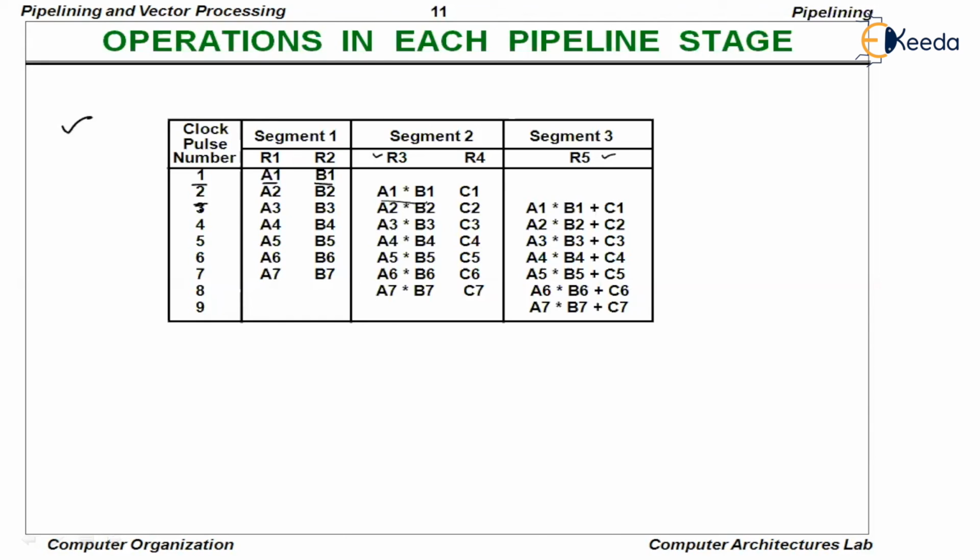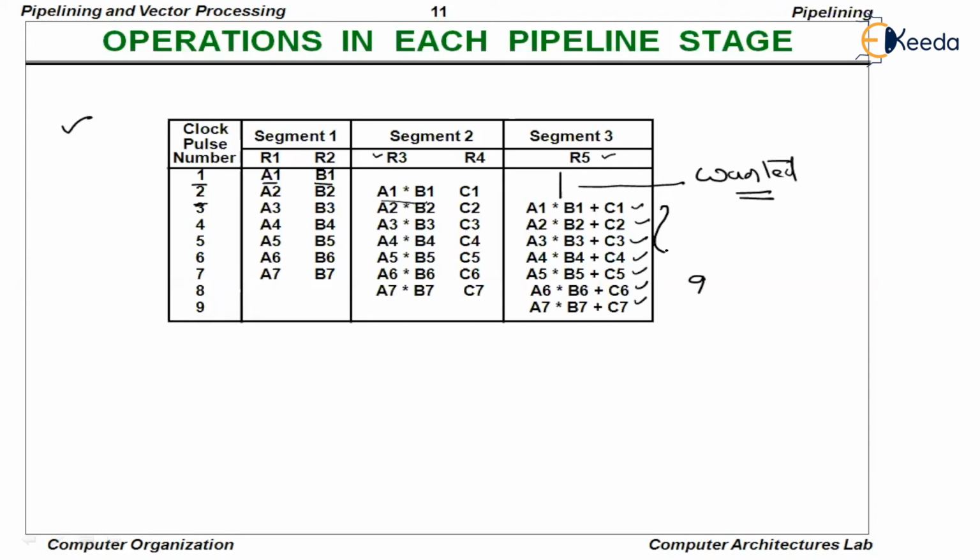In the third clock cycle, R3 will get A2 into B2, R4 will get C2. Okay, so right from the third clock cycle onwards, there will be a continuous output. So the total number of clock cycles that are required to execute these instructions is 9. You can see these are 2 wasted clock cycles, that is no output in the pipeline.